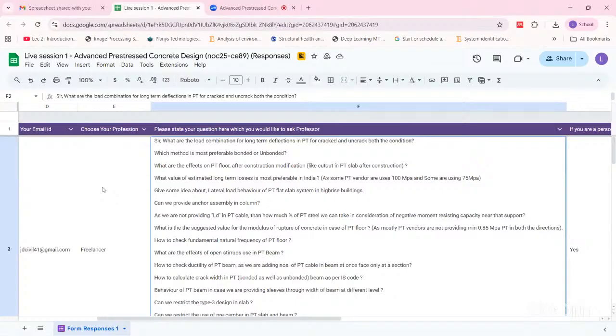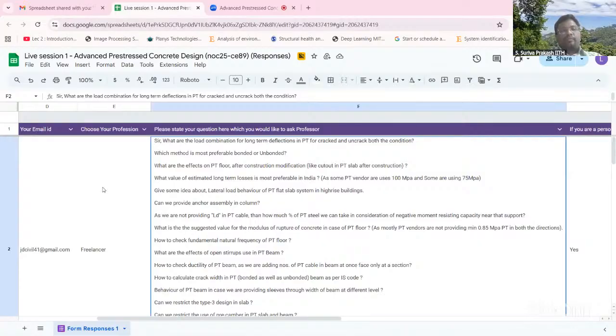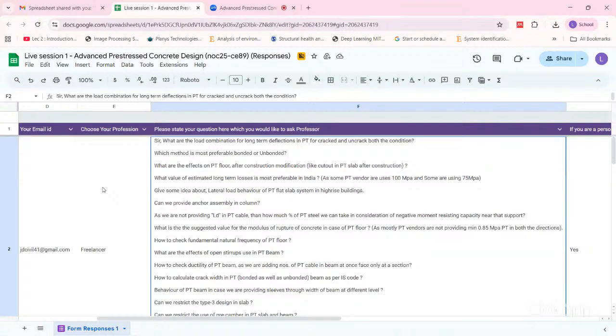Sir, one more case. If there is a society having A, B, C, D, E, F towers, and the PT we are doing is in the associated podium up to the top podium or ground floor level. In this case, the towers are constructed first and the associated podium is constructed later on. We are providing the dead end outside the construction joint, not in the column.